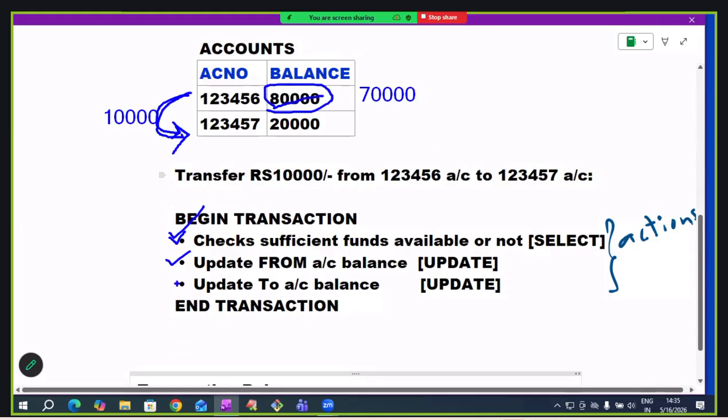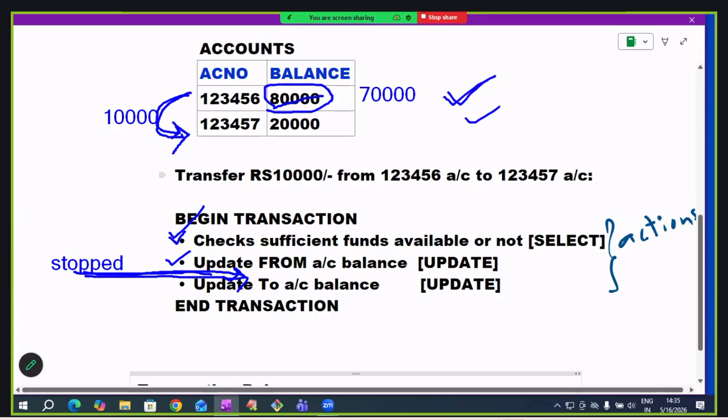Now, due to some reason, this transaction stopped in the middle. If the transaction is stopped in the middle, which command do we need to use now? Rollback. If I don't use rollback, is it a problem for the bank or not? Yes, problem. Two customers are losing their amount.